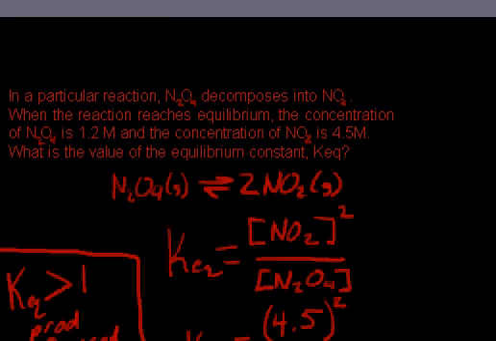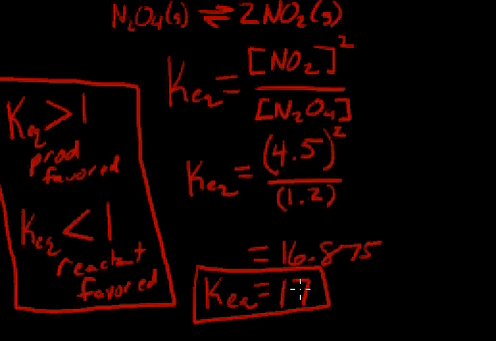So important interpretation of the equilibrium constant. So we've done one problem now with the equilibrium constant. In the next video, we'll look at more problems with the equilibrium constant and also more interpretations of the equilibrium constant.